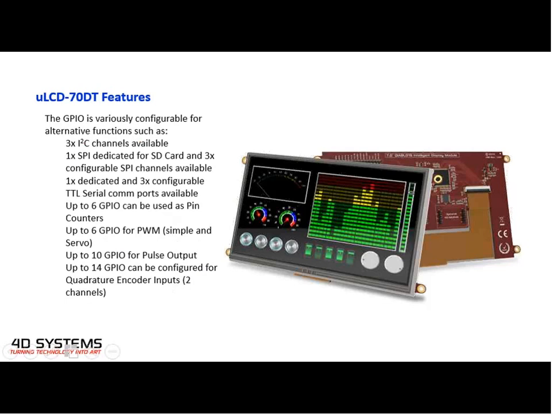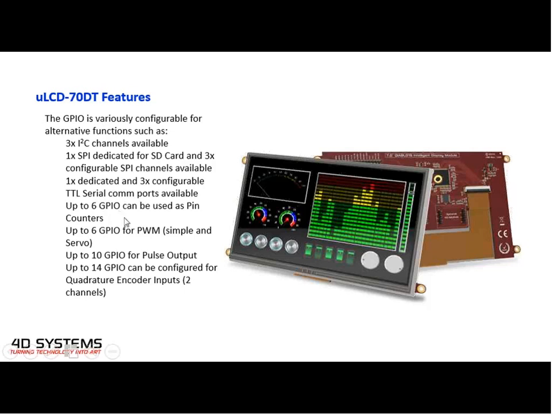So the GPIO is variously configurable for this display for alternative functions, such as 3 times I2C, one SPI, one for the SD card, and of course configurable SPI channels available, and configurable TTL serial COM ports available.